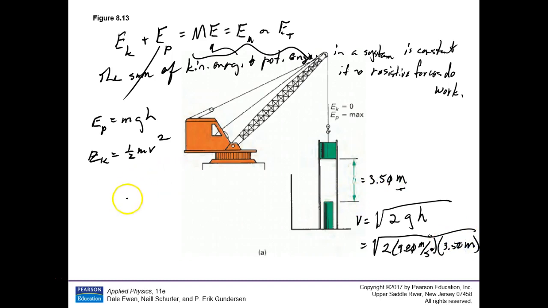So this will be the square root of, well, 2 times 3.50 would be 7, and 7 times 9.8 is going to be something about 68. Say again. 68.6. Now did you round any or just leave it? Okay, good.